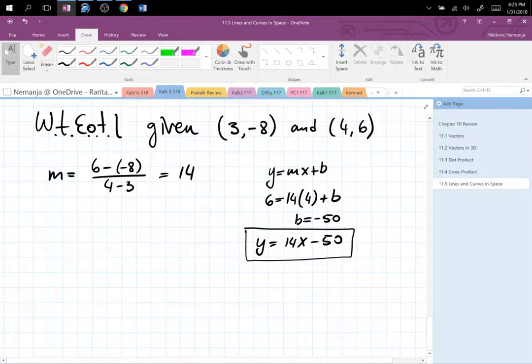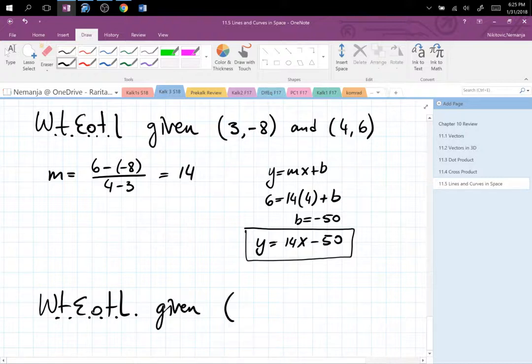The same problem in 3D: write the equation of the line given, and now I'm giving you 2 points in space, and those are 3D points, obviously. So 3, negative 1, 2, and 5, 6, and 7.